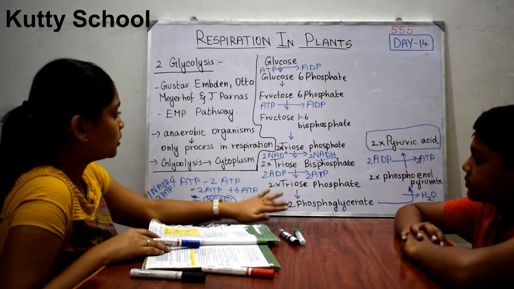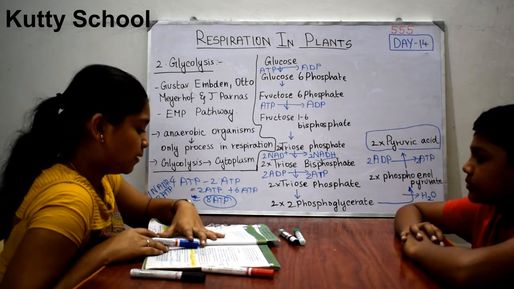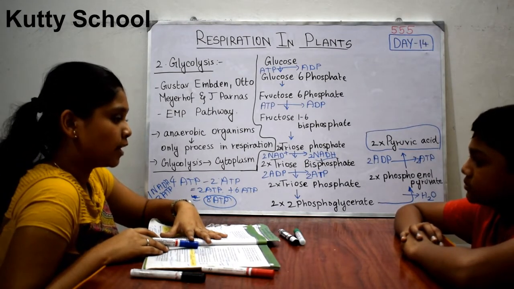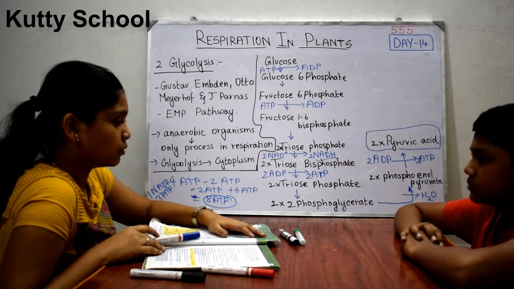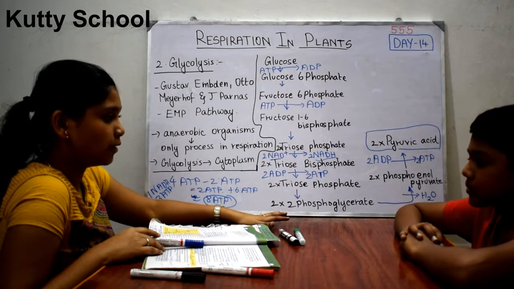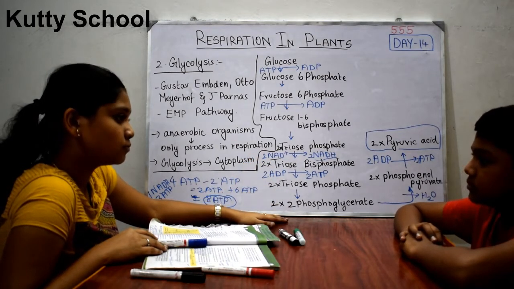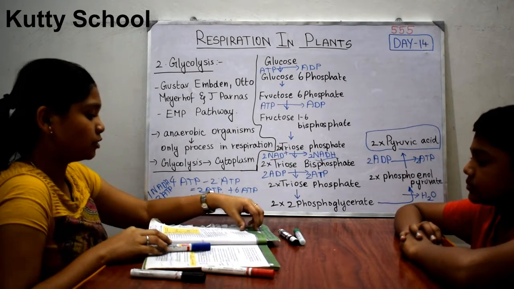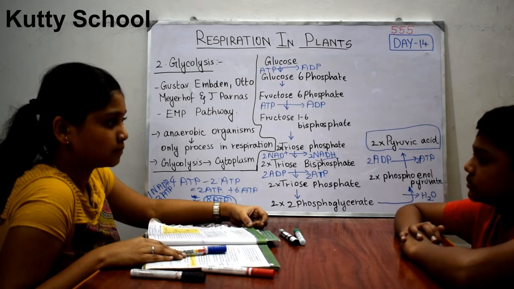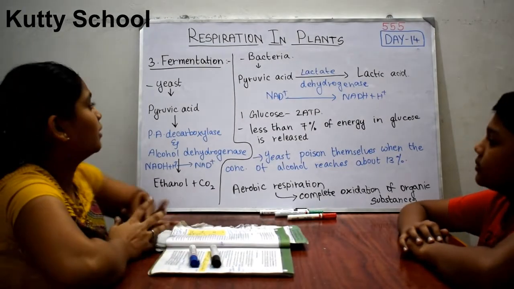After this, aerobic organisms continue to the Krebs cycle, and anaerobic organisms perform fermentation, alcoholic fermentation, etc. So this process is common in both. The end product of glycolysis is 2 into pyruvic acid. Now we will go to the next one, fermentation, which occurs in anaerobic organisms.